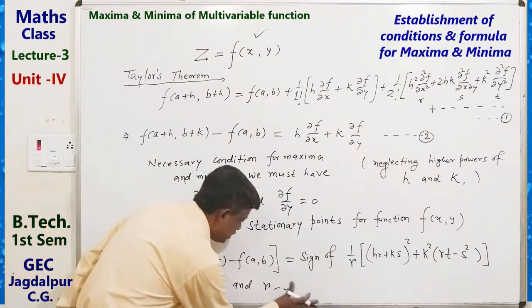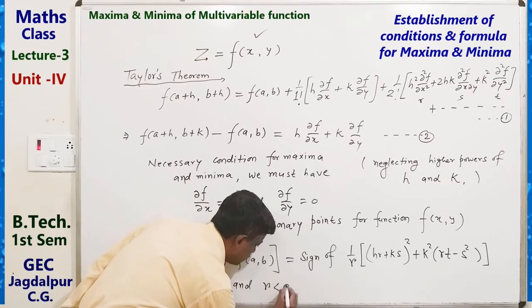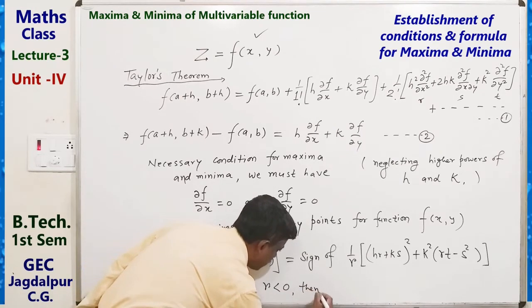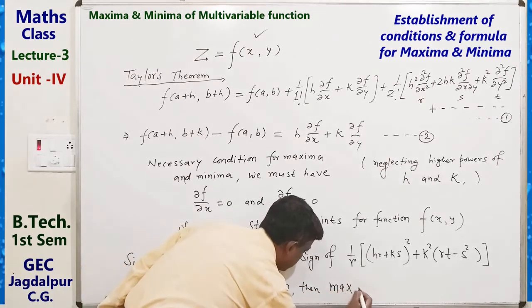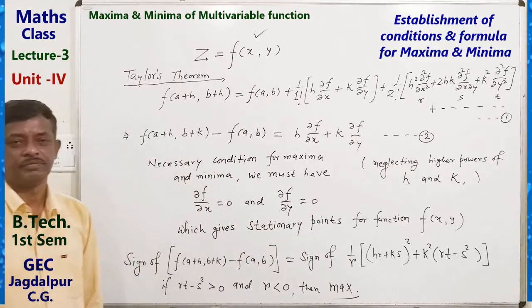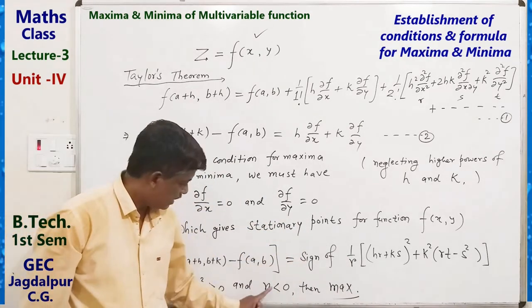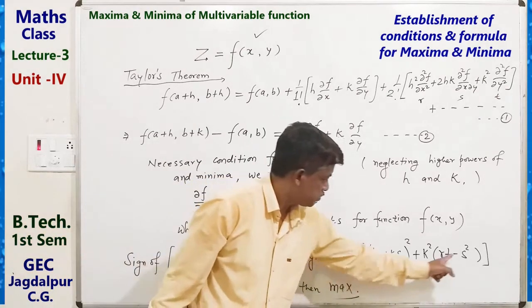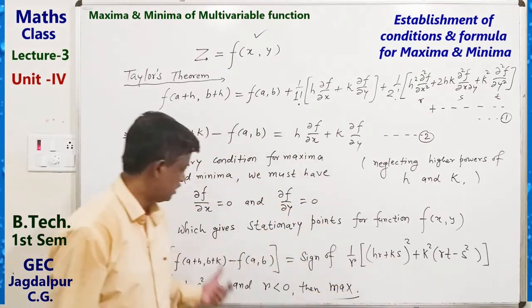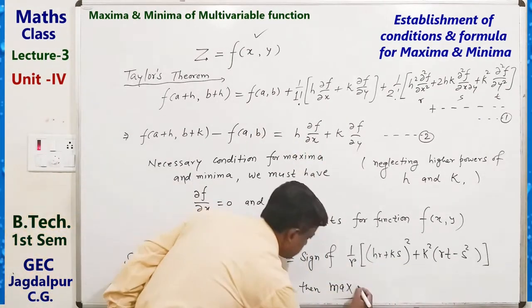First, if r is negative, then maximum, because the sign is negative: maximum value.